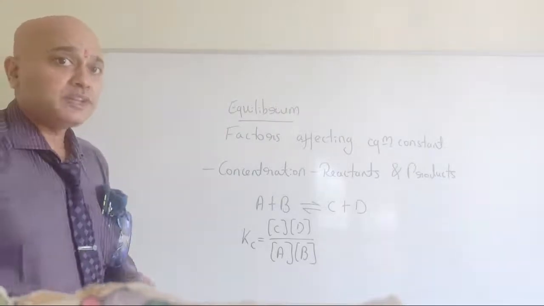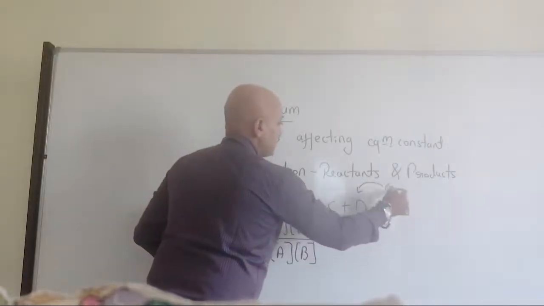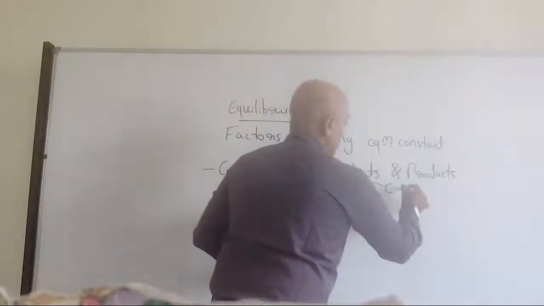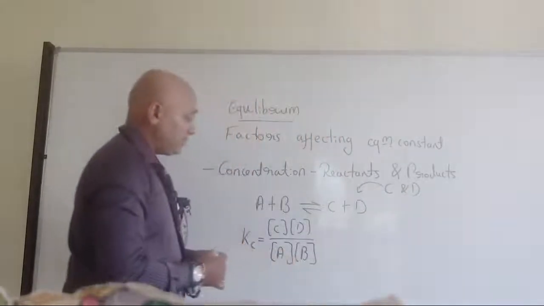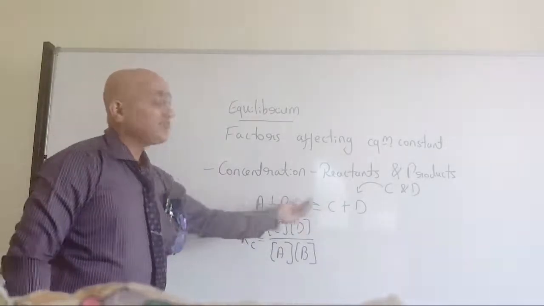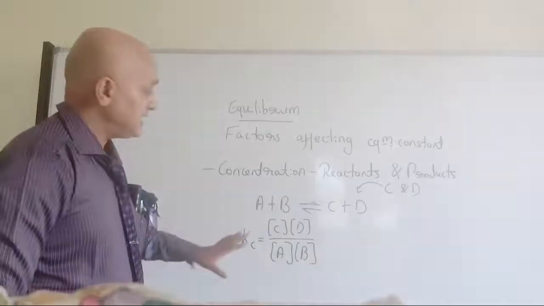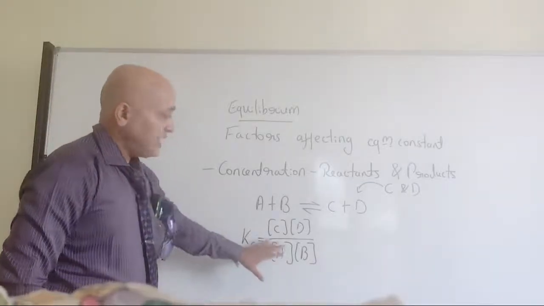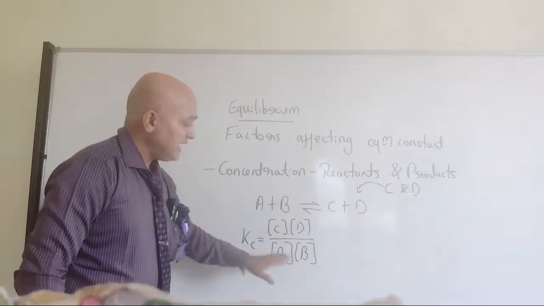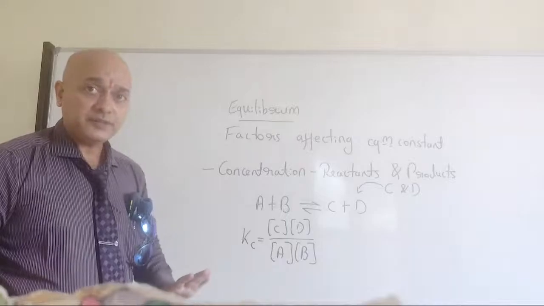Now what we can do is add extra C and D from the outside. Now what will happen? Naturally, the reaction will shift towards the leftward direction. At equilibrium, we have the concentrations of C and D, A and B, and we have got the equilibrium constant value.